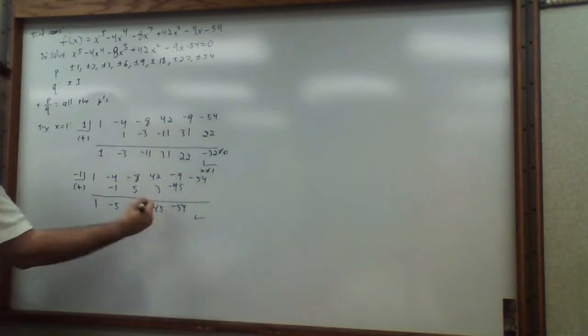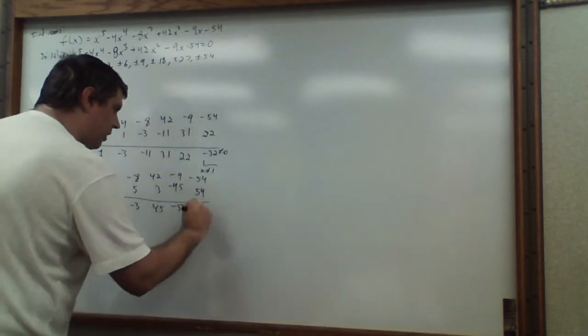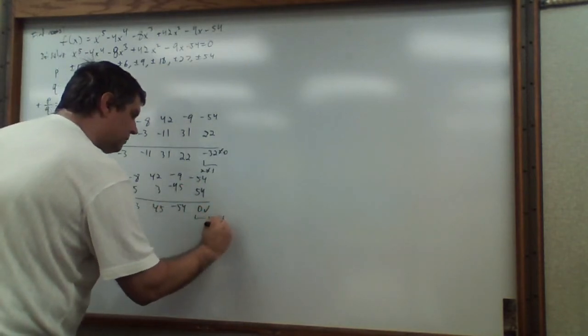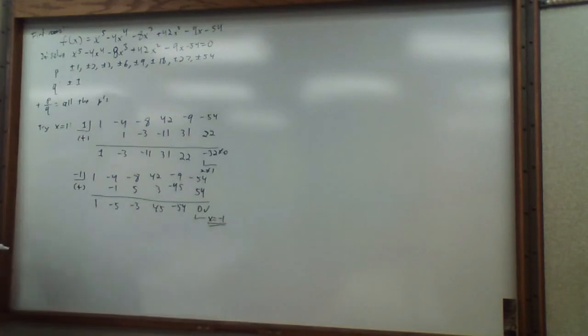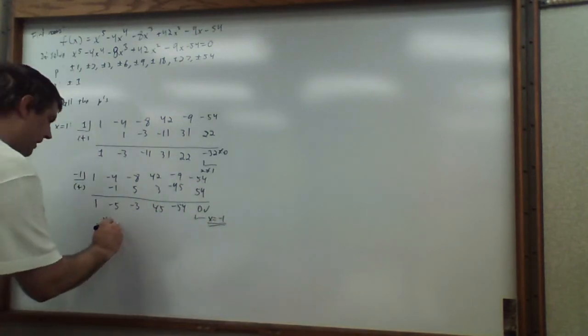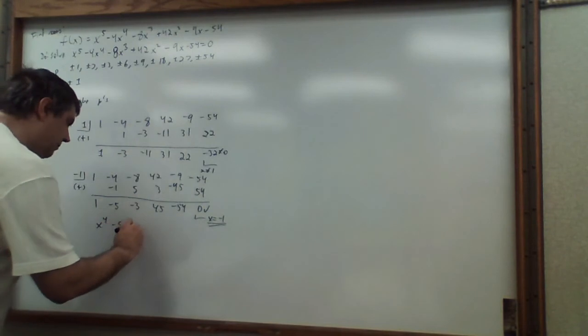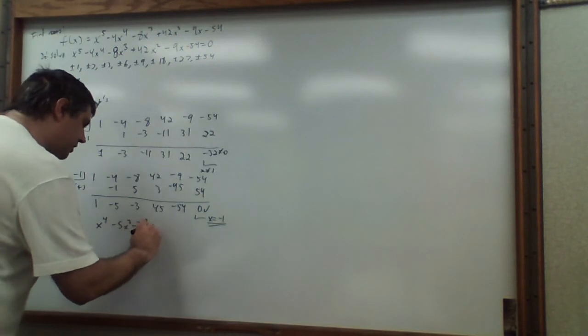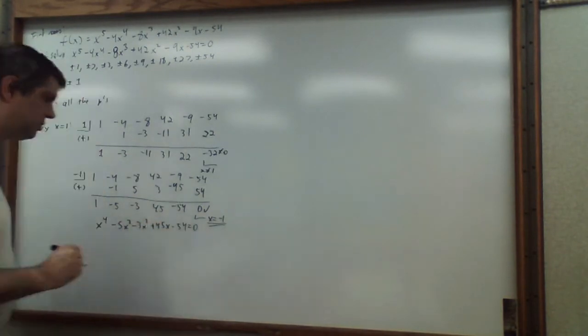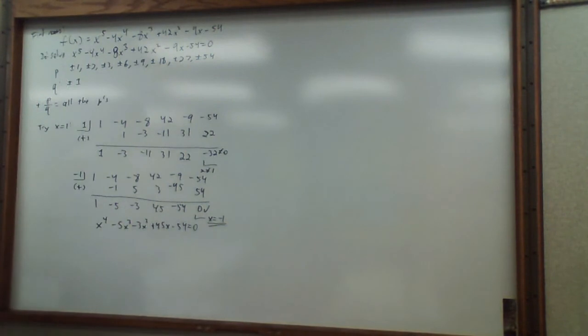Negative 54 times negative 1 is positive 54, that's 0, so x equals negative 1. So what we now have is x to the 4th minus 5x cubed minus 3x squared plus 45x minus 54 equals 0, and we're going to repeat the process.